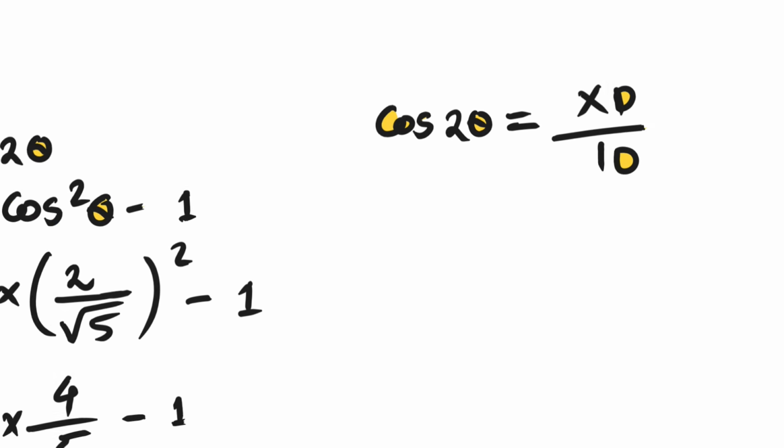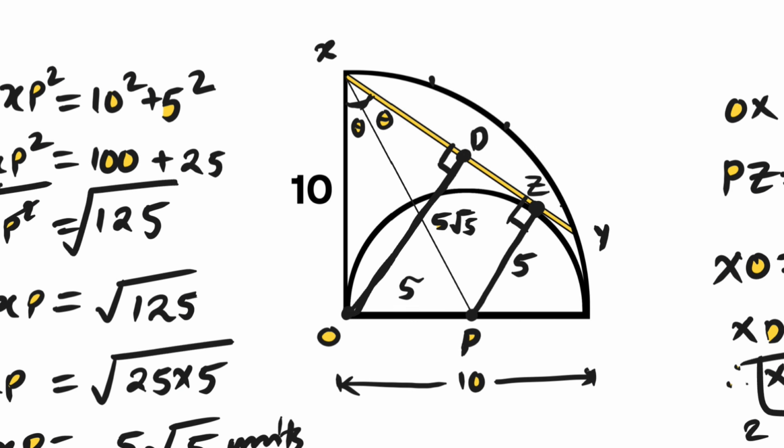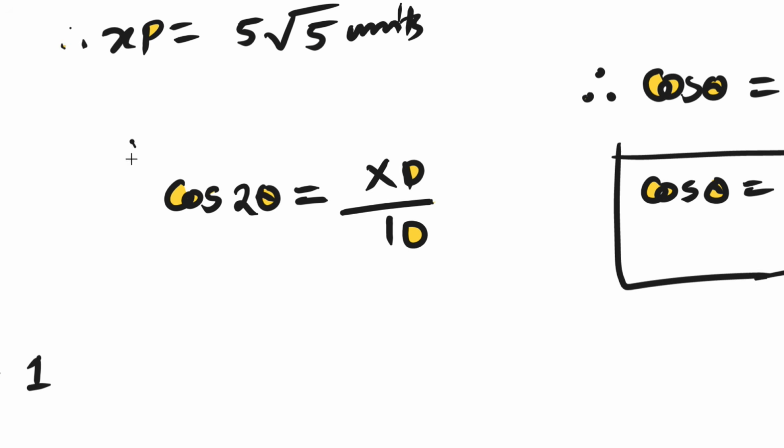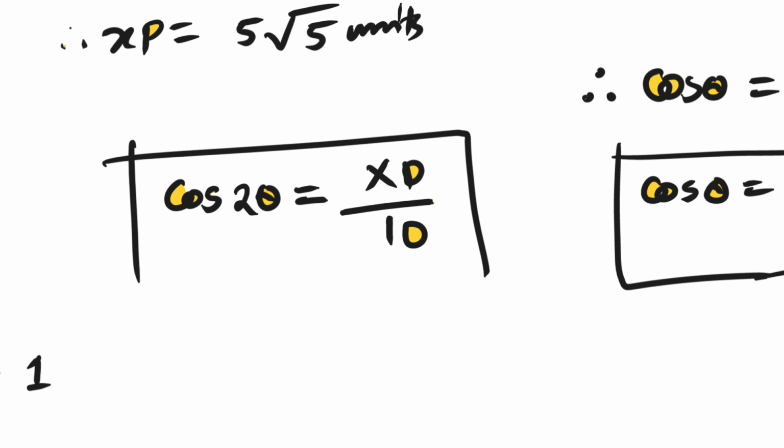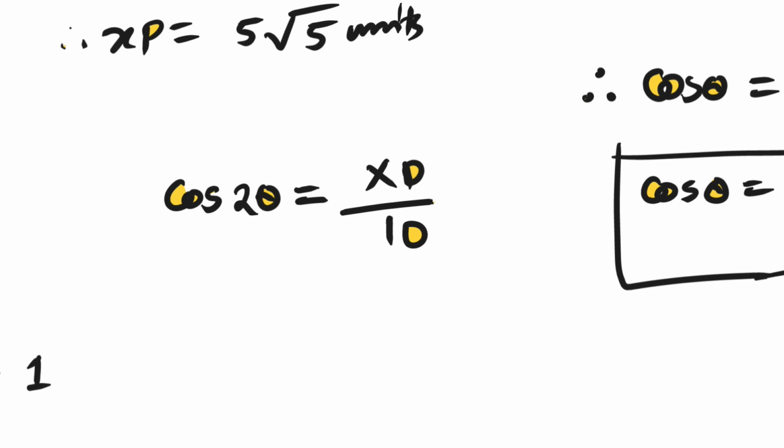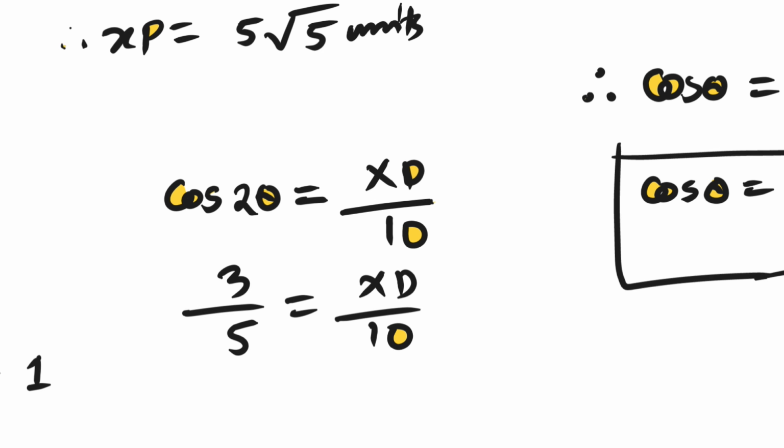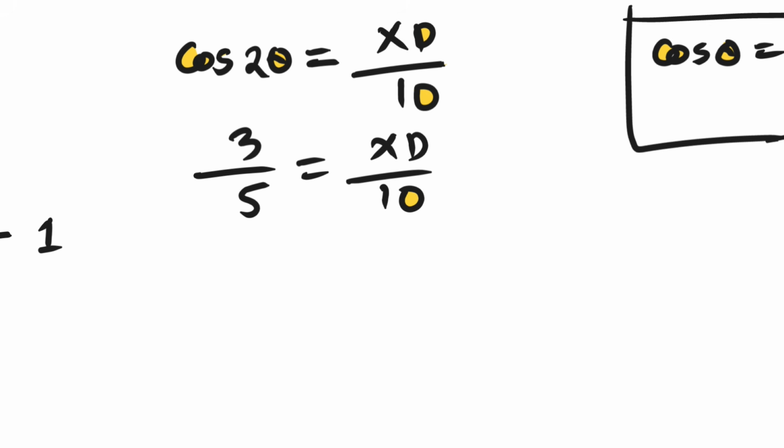Now return to the right triangle XOD. We already established that cosine 2 theta equals XD divided by 10. So we can substitute our value of 3 divided by 5. Therefore, XD divided by 10 equals 3 divided by 5. To isolate XD, multiply both sides by 10.